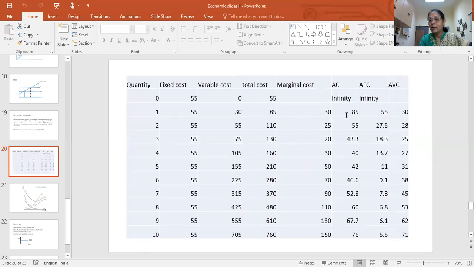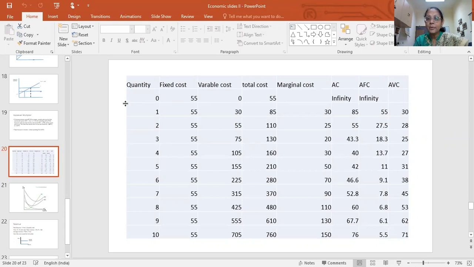And then it is very important to calculate these three other different types of costs for any analysis at the level of the firm. So the first is average cost, or you can call it average total cost. Okay. So average total cost or average cost is total cost divided by quantity. Okay.